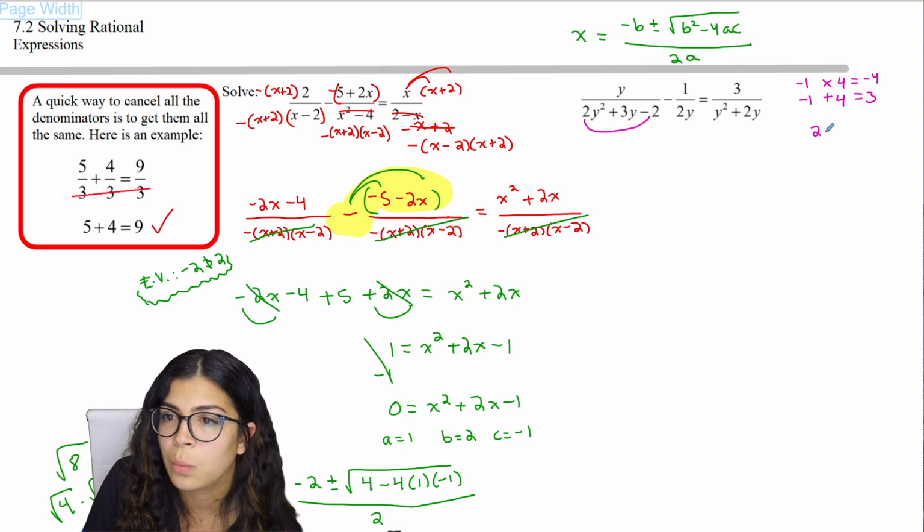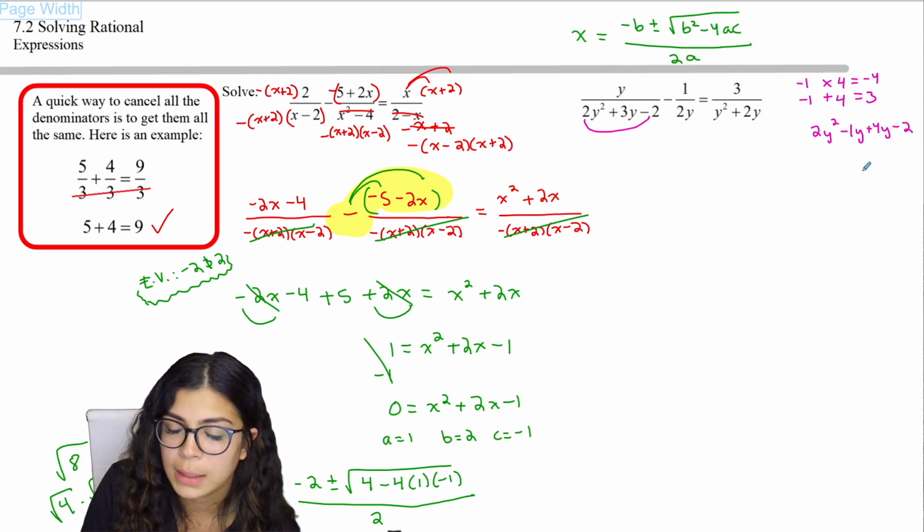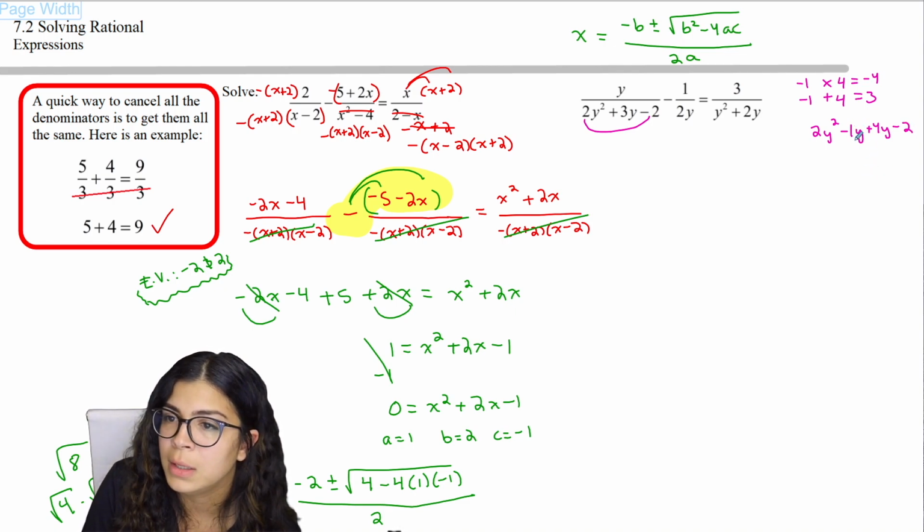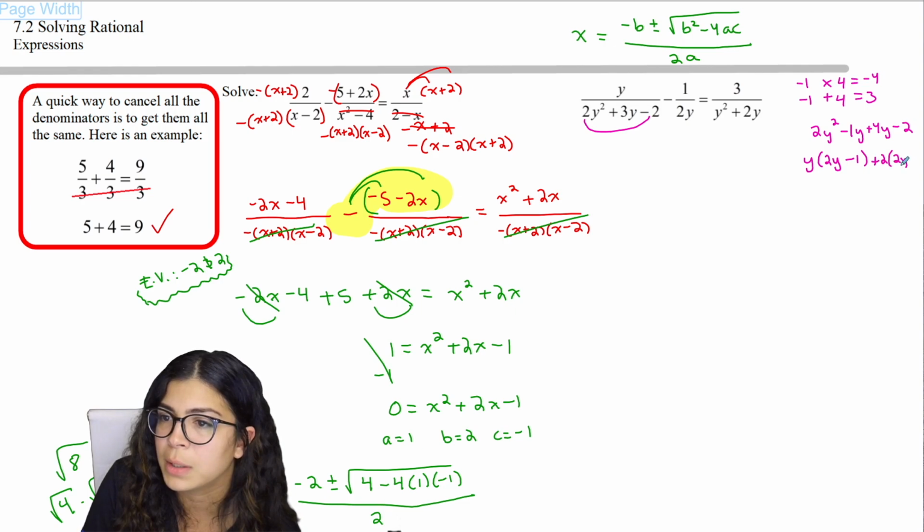So 2y squared minus 1y plus 4y minus 2. And the front 2 we could factor out y, which gives us 2y minus 1. And here we could factor out a positive 2, which gives us 2y minus 1.